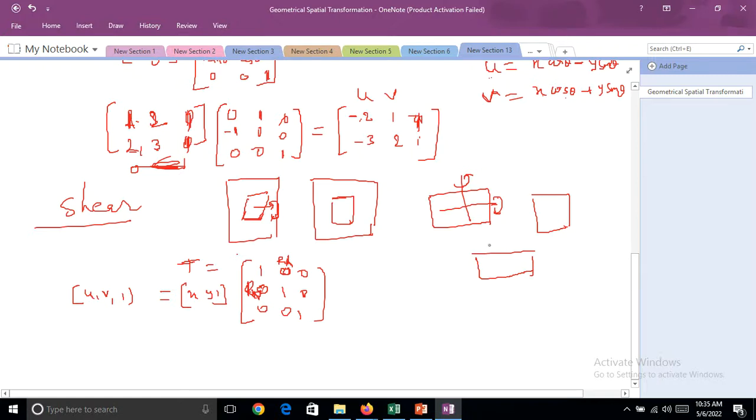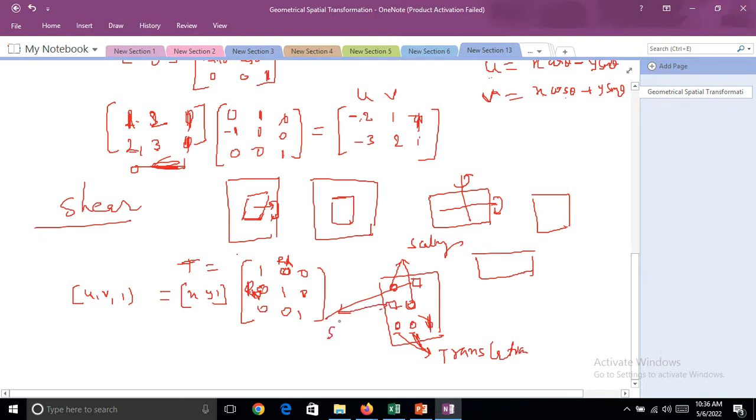Now you can see, we have seen that if you want to scale, then you change these two diagonal values. If you want translation, then you can change these two values in the third row. These two are for scaling, and these are for shear.